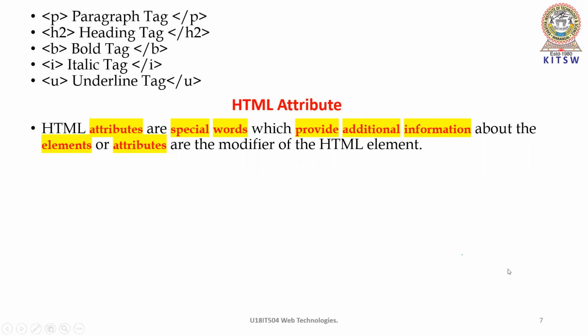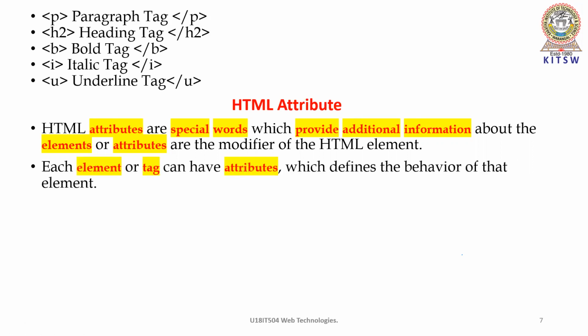Each element can have attributes which define the behavior of that element. This is very important. Attributes are special words that provide additional information about the element. The additional information may be how the element behaves.